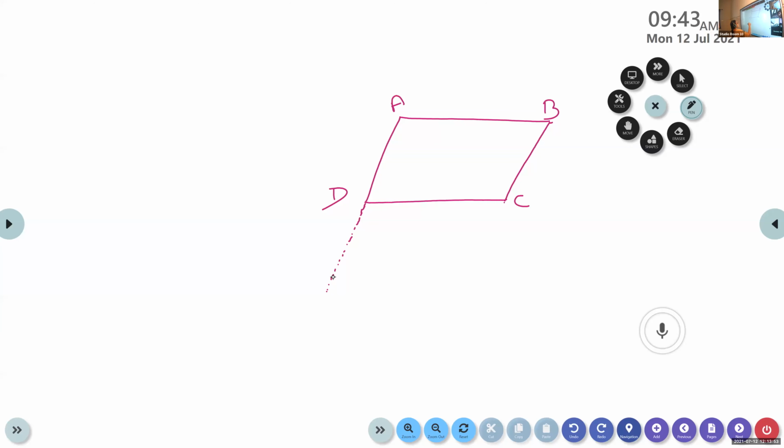And E is a point here, somewhere here. AD is produced and E is a point on that AD produced. We are lengthening that AD. AD produced and BE intersect CD at F. BE, join B and this point E. BE intersect CD at F. This was the figure.